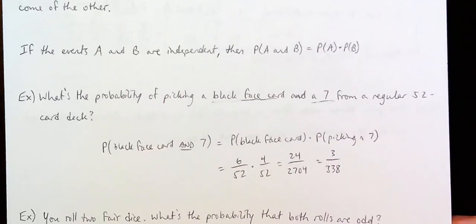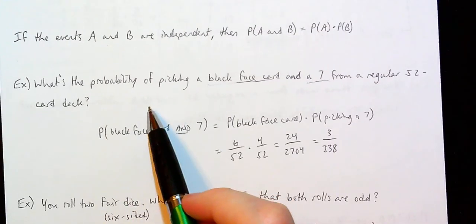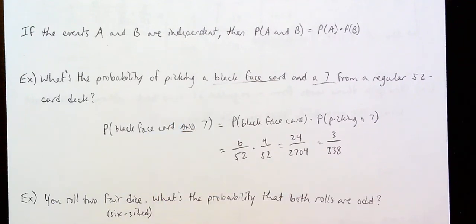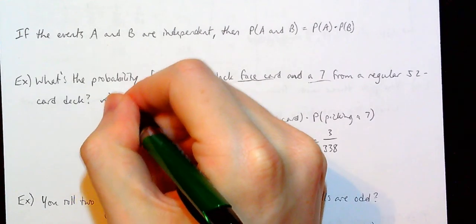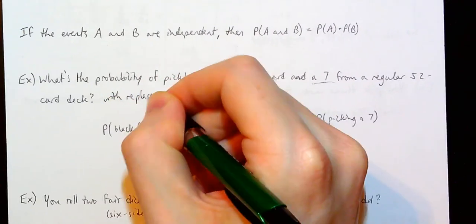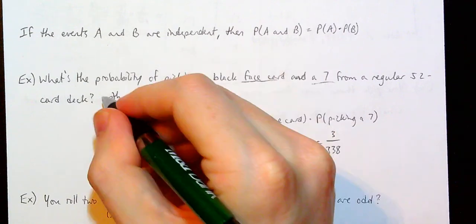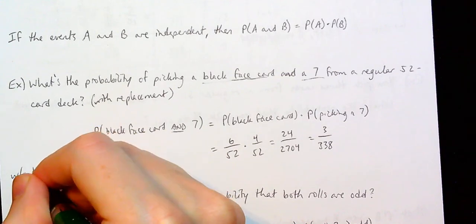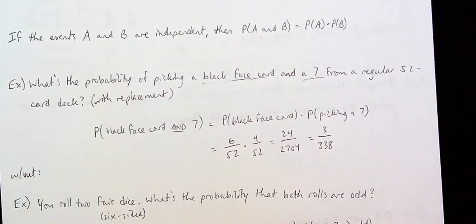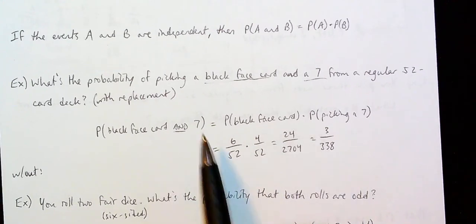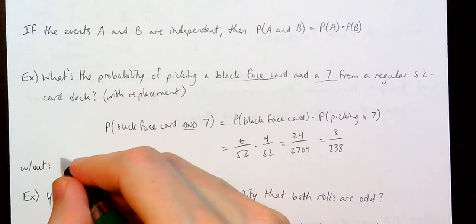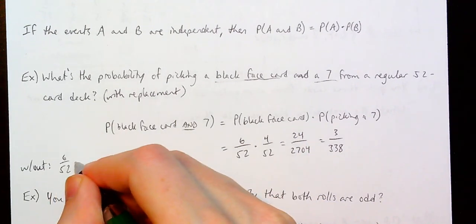If I can go back to the first question here, back to our sample of probability of picking a black face card and a 7, we said that this was with replacement. If it was without, then yes, our first pick, if you will, probability of picking a black face card would be 6/52.